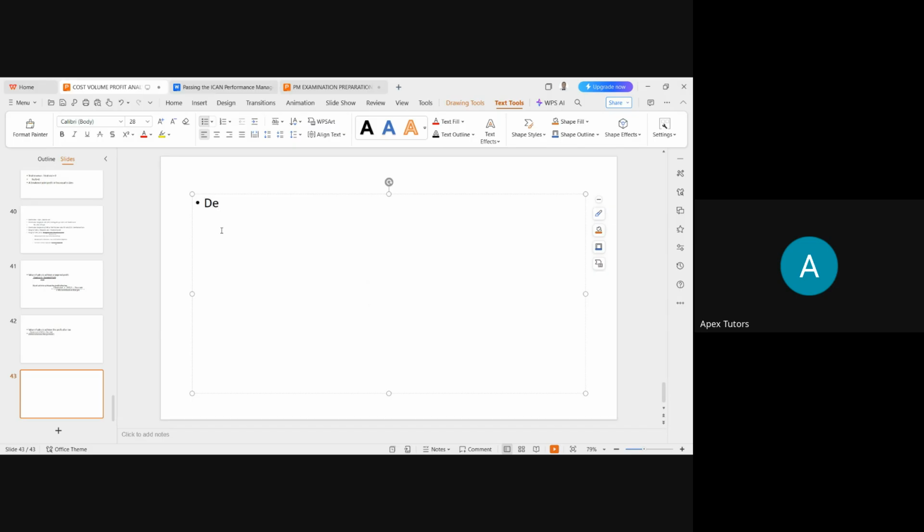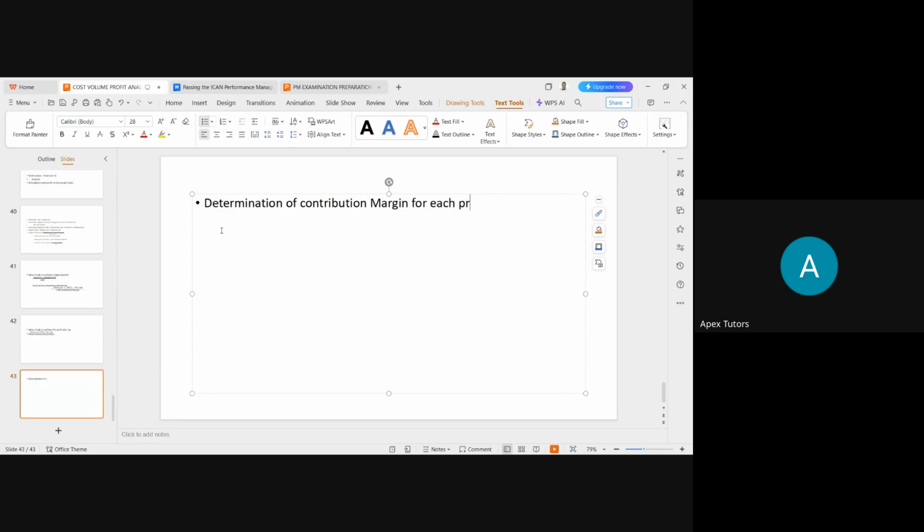Determination of contribution margin for each product.